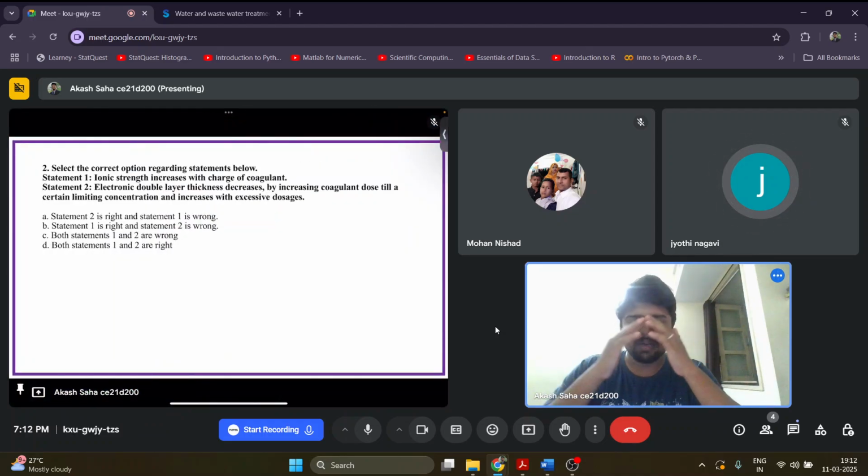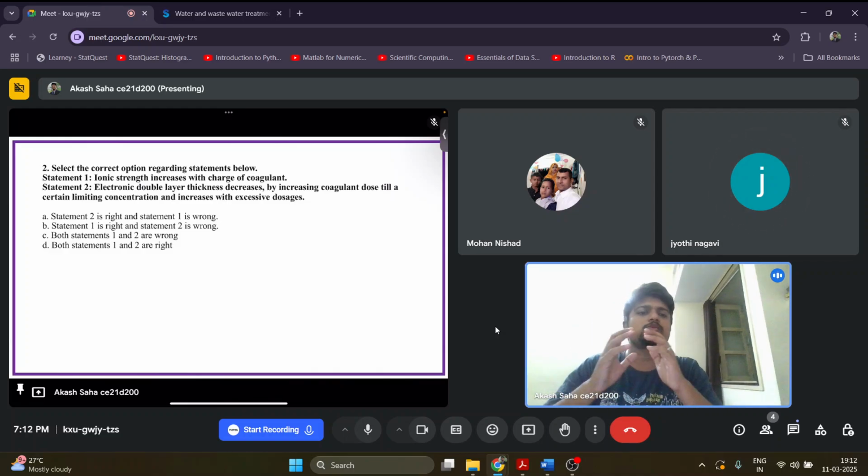If we are adding coagulant only up to a certain limit, it will try to neutralize whatever charge is there over the particle. But if you are providing an excess of coagulant, it will again destabilize the particle, and the opposite charge will start increasing over the particle due to excessive dosages.